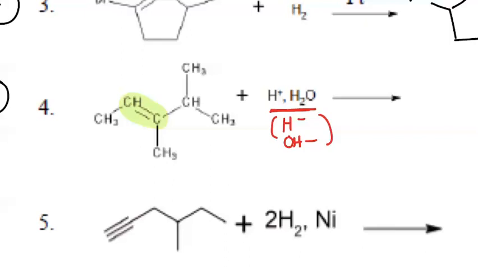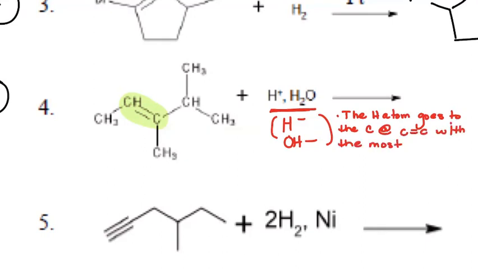Let me write that down. The hydrogen atom goes to the carbon at the carbon-carbon double bond with the most H's directly attached to it.